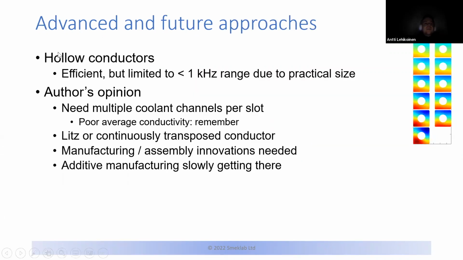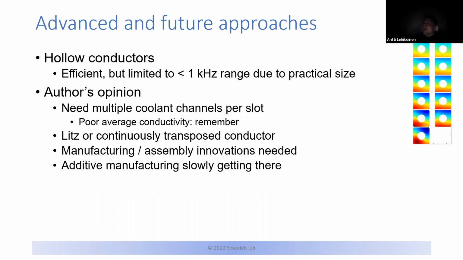And then finally, we have some even more advanced and future approaches. One is to use hollow conductors, like what we have here, where we have coolant running inside each conductor. That is very, very efficient. You can reach current densities up to 60 amps, perhaps even higher.